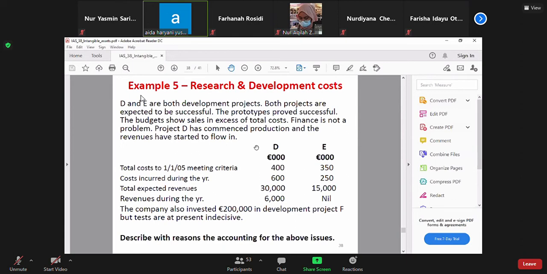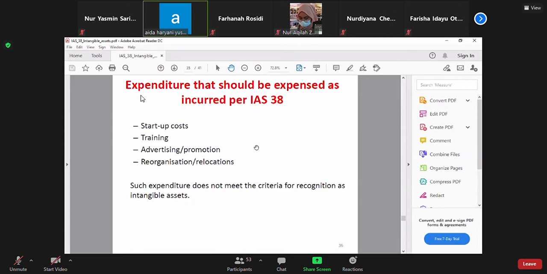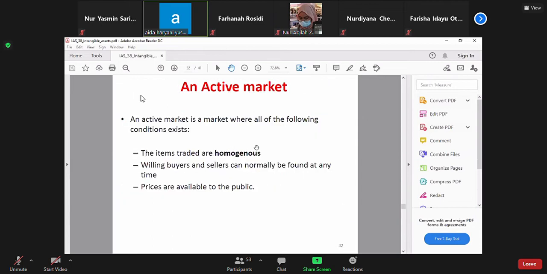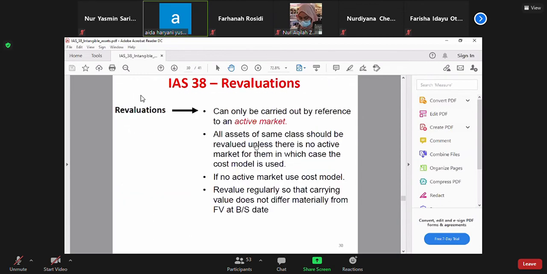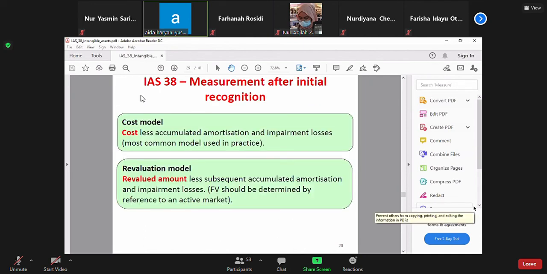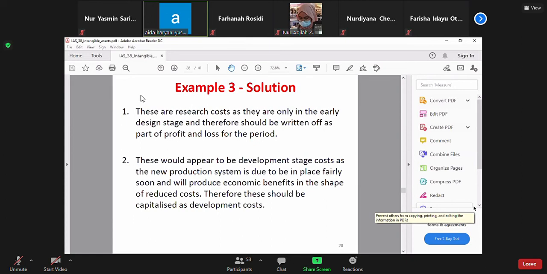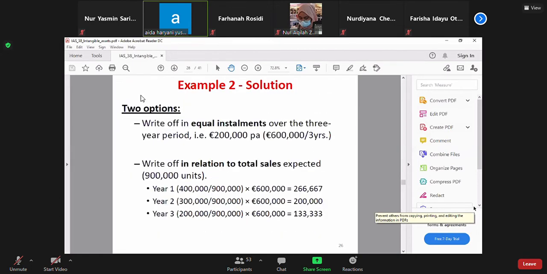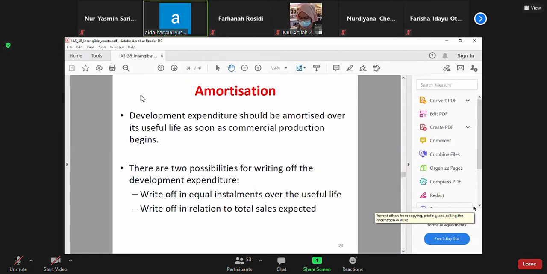Remember, the condition for amortization, I don't remember which slide. Okay, where is amortization? The condition for amortization is when it is ready for production. Where is it?